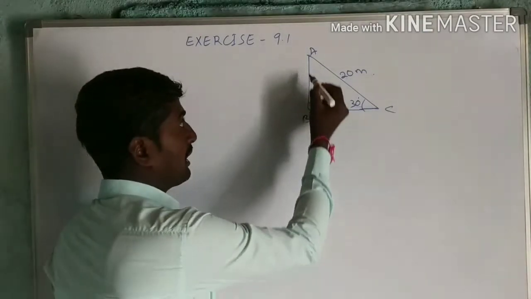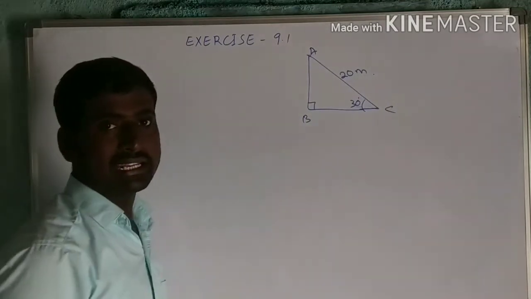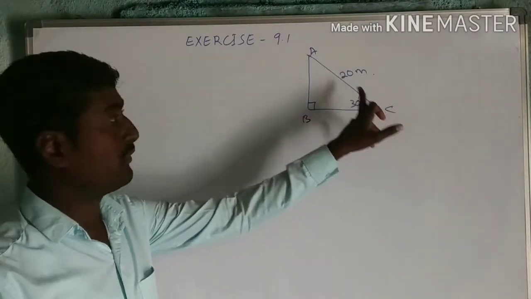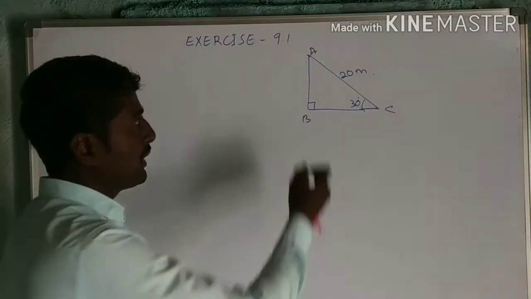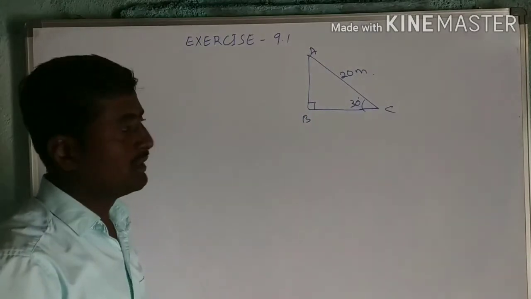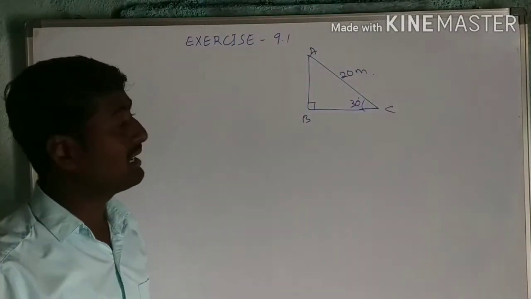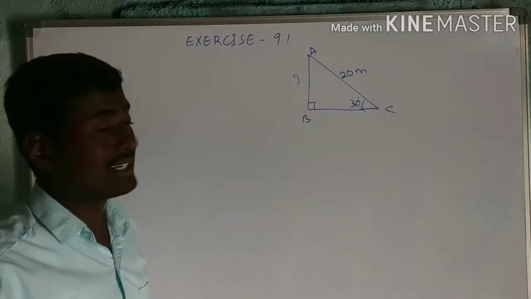Now here the observer is, and this is the tightly stretched rope from the top of the vertical pole to the ground. Now I have to find AB. So this is one right angle triangle. ABC is a right angle triangle. In this one I am going to find AB. But what are the known conditions?